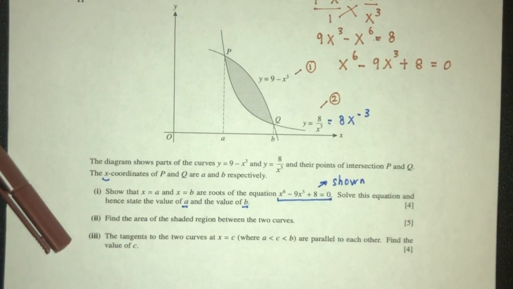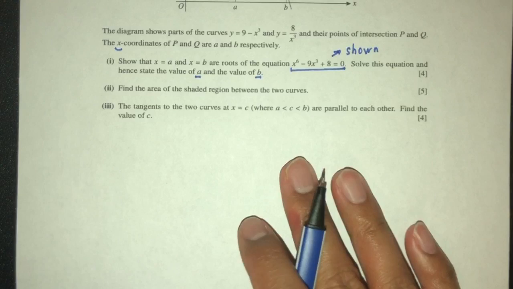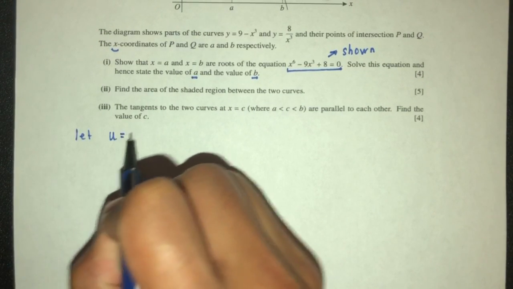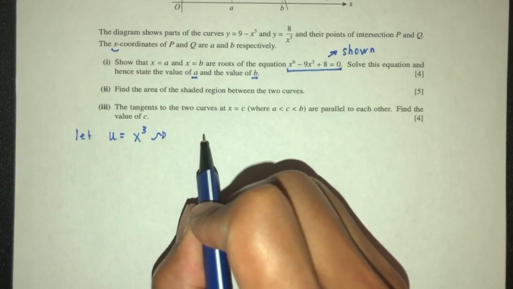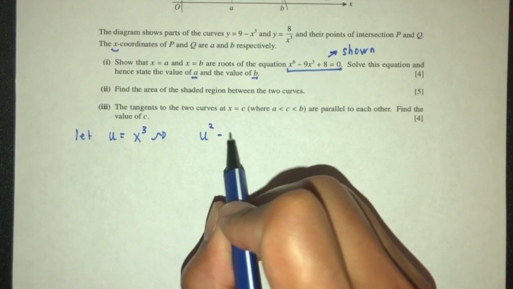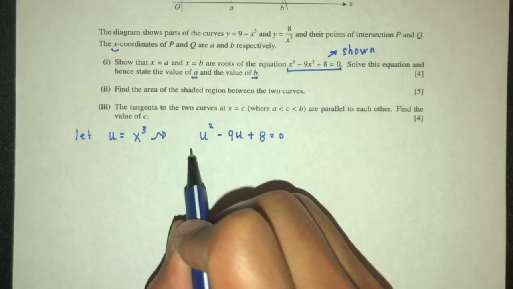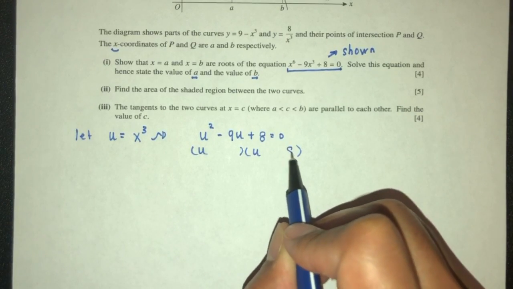Now we have to solve this equation, and hence find the values of a and b. So pretty easy. What can I do here? I can let u be x power 3. For example, that will give you u squared minus 9u plus 8. Now we can factorize. u squared is u times u, 8 is 8 times 1.